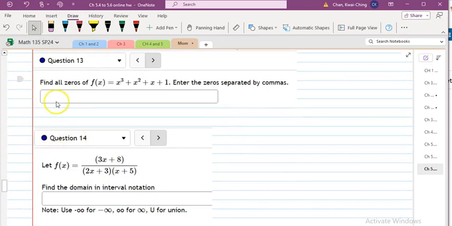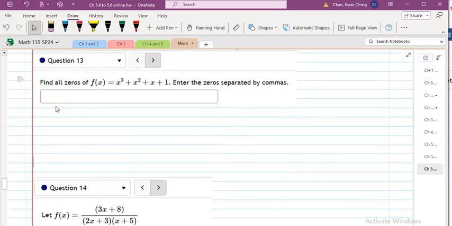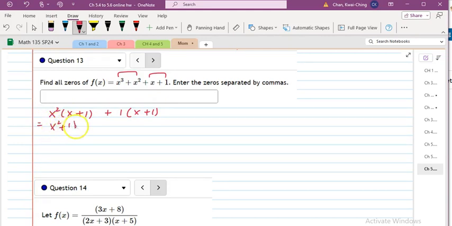13. Find the zeros. So this one, do you want to list all possible zeros? Actually, you don't need to, because you can always try grouping first. Try factoring first. If it doesn't work, then you do grouping. So I'm going to do grouping. That would equal x squared plus 1 times x plus 1.